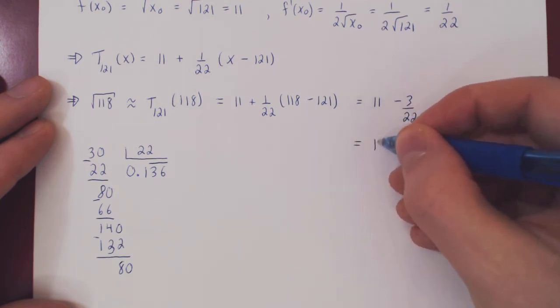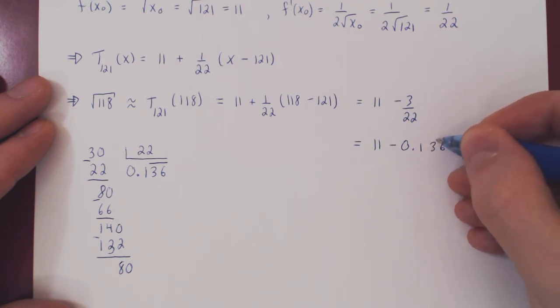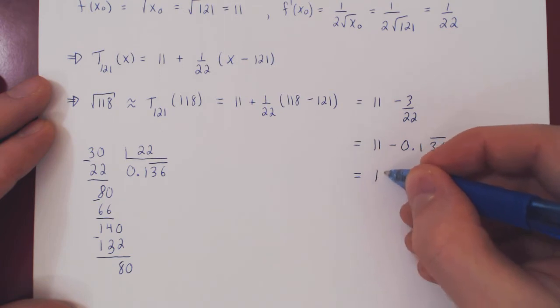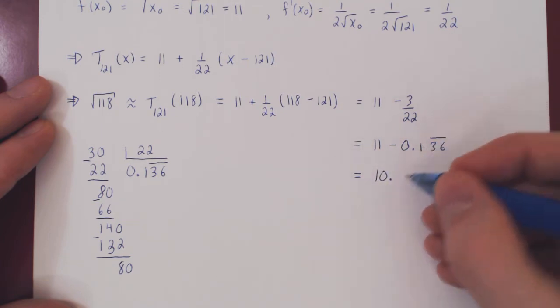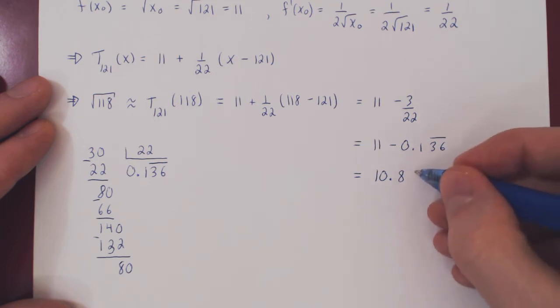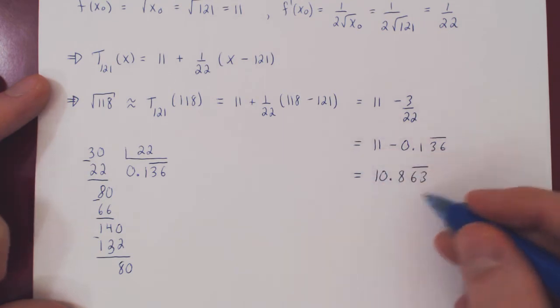This will be 11 minus 0.136 periodic, which of course simplifies to 10.863 periodic. And now we have our linear approximation.